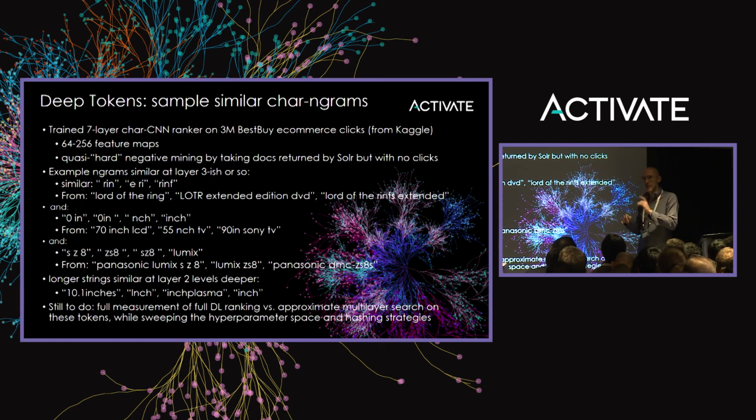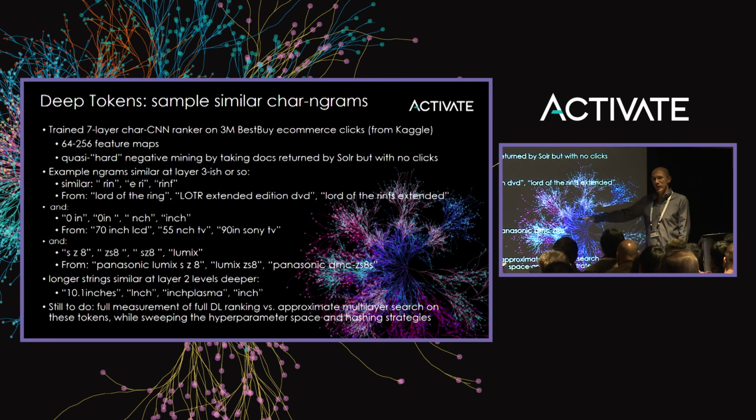But ring didn't hash to the same thing, because ring was an ending to many words that end in something or ring. And so you actually end up finding that you can capture some of that similarity that you wouldn't have otherwise. There are other versions of spell checking and so forth, but the kinds of things you can find, a very multi-word, quote unquote word, S space Z space 8 getting hashed as a 5-character engram to the same place as Lumix, which was sort of weird. That was pretty deep in, that was at least 4 layers in.